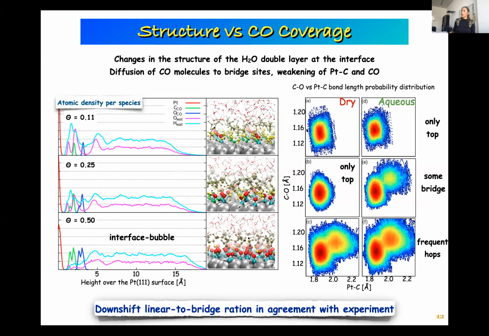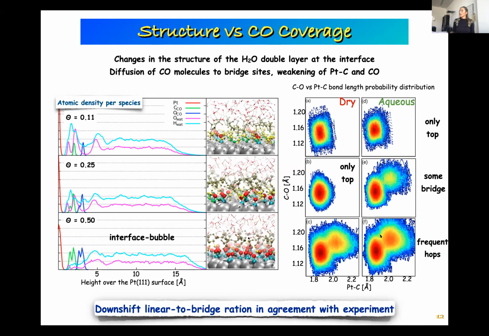The effect on the dynamics of the CO you see here. So you see here the correlation between the CO bond and the platinum-carbon distance or bond. You see that in the dry situation at low coverage and also at 0.25 coverage, so monolayer, the CO remains always at the same site, and you start having some hopping to a hollow site at a higher coverage.